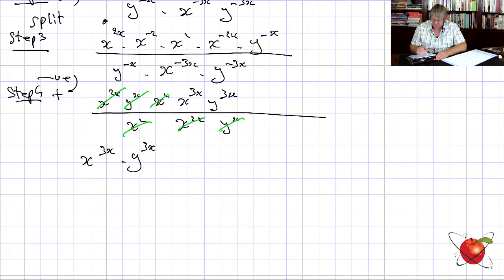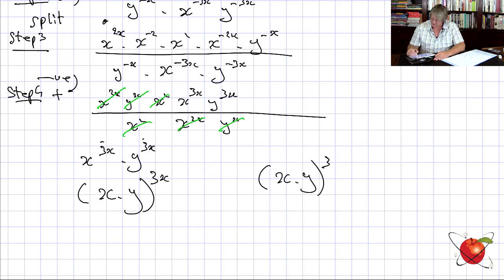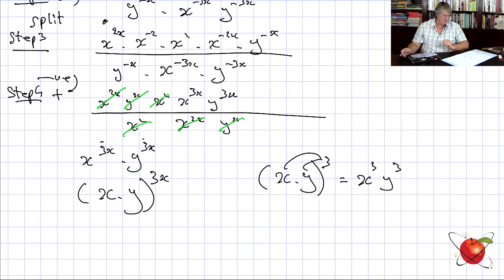Now remembering these two are the same, that is the same as x times y, all to the power of 3x, isn't it? Because if I've got x and a y and a 3, it must go to both: x cubed, y cubed. Correct?